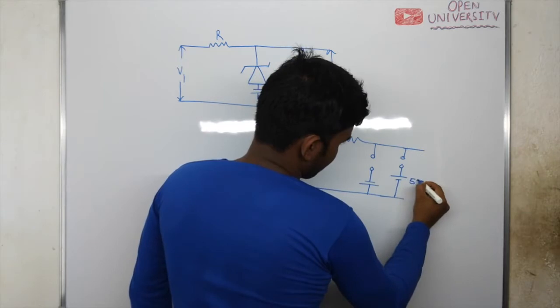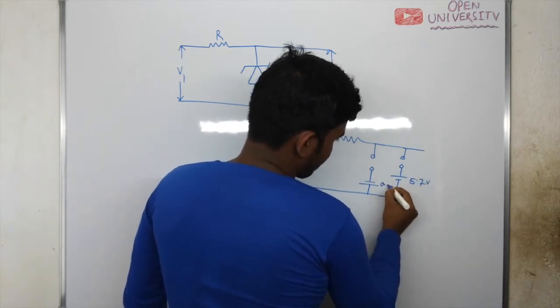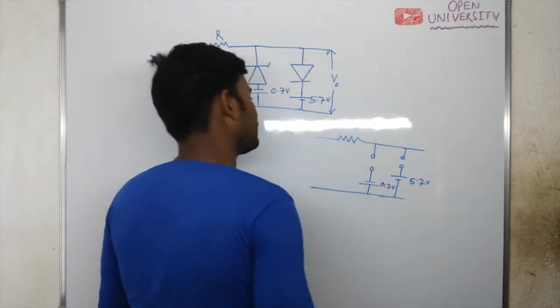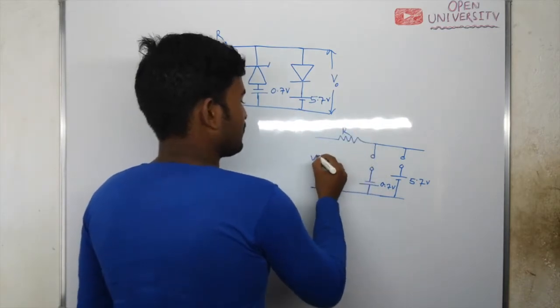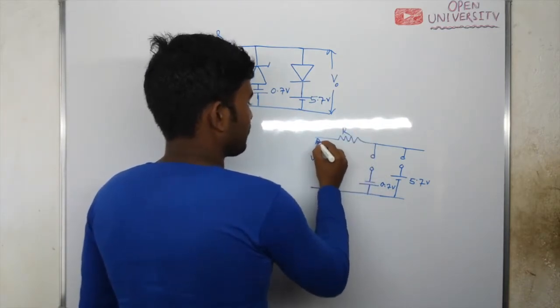This is 5.7 volt and this is 0.7 volt. This is your resistance R, this is your input voltage VI.